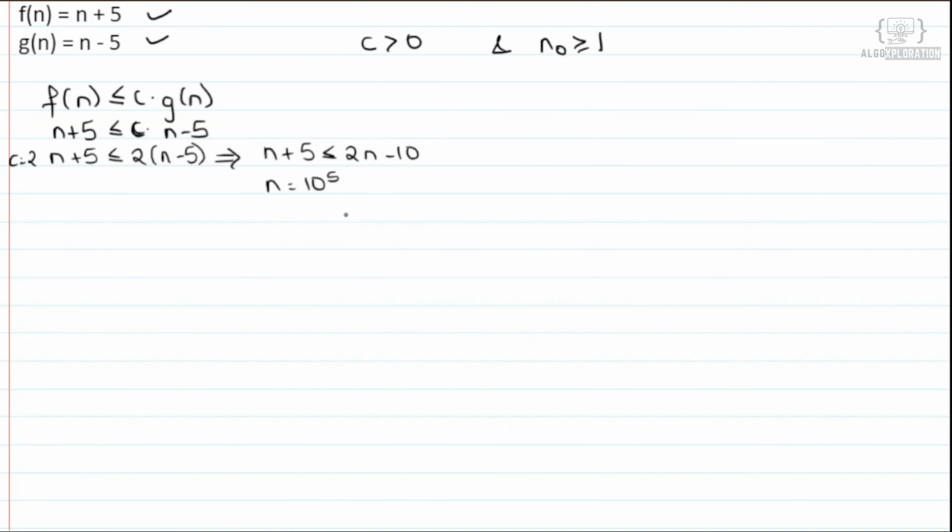So it will become 10 raised to 5 plus 5 less than or equal to 2 into 10 raised to 5 minus 10. So this will become 100,005 is less than 199,990. So this is true. So we got the value of c as 2.